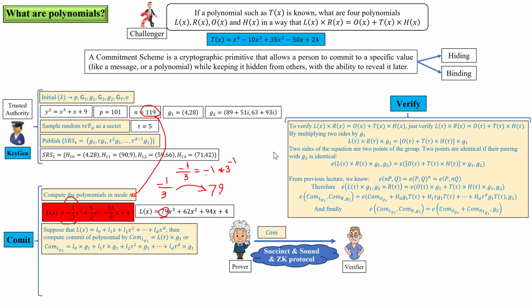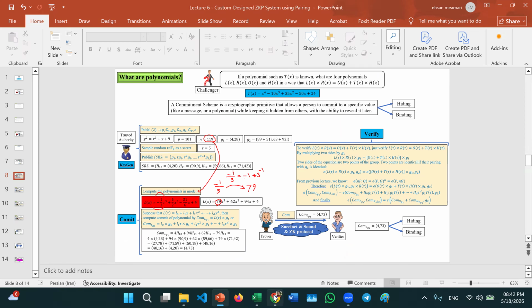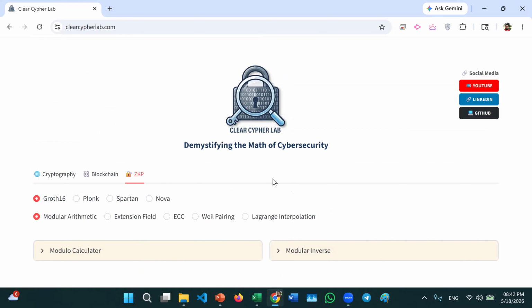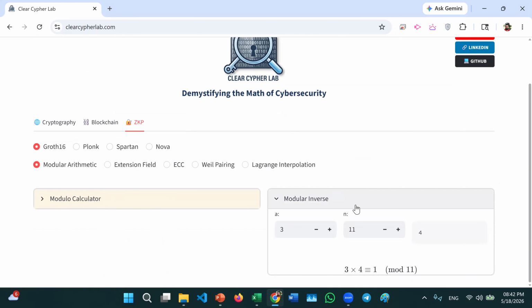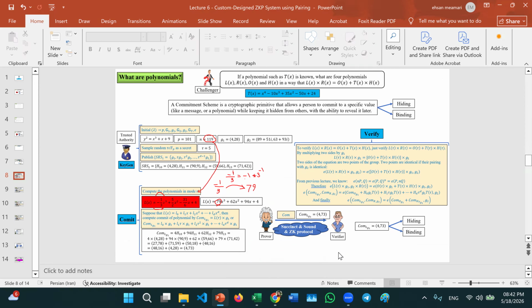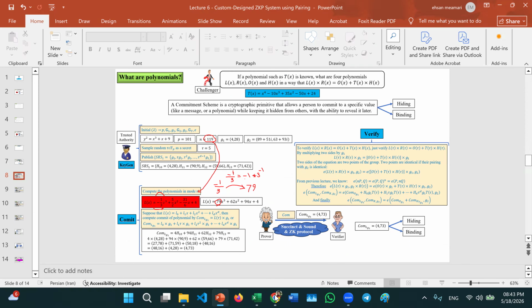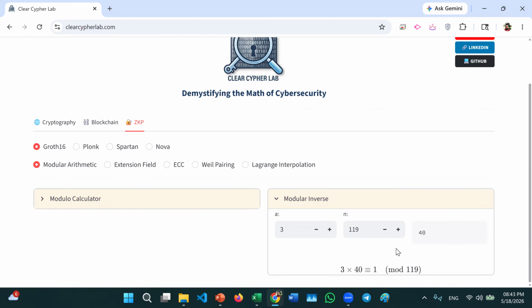Again, we can use our website in the modular arithmetic part. We want to compute the inverse in mod 119. So the inverse of 3 in mod 119 equals 40, right?